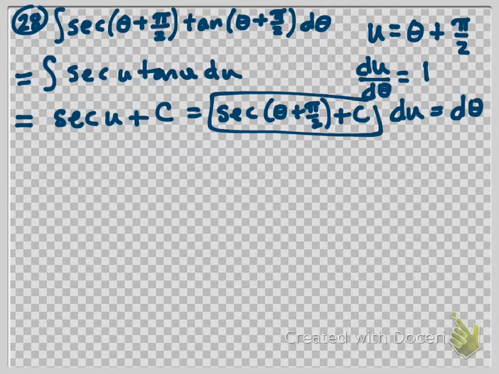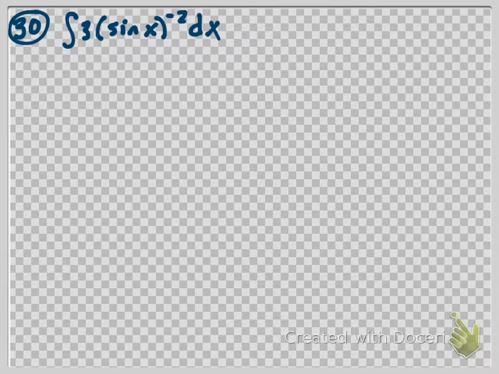Make sense? Let's see if I can't pick out one that's a little more interesting. Here we go. Didn't have to go far. Number 30. We have the integral of 3 times the sine of x, the quantity raised to the negative 2 power, dx. What's my u?